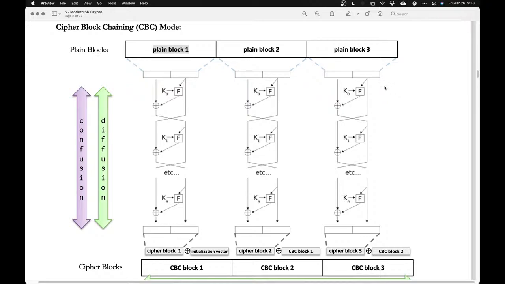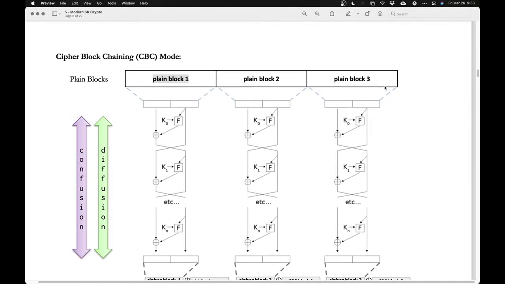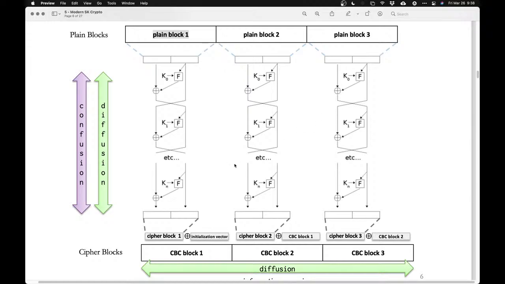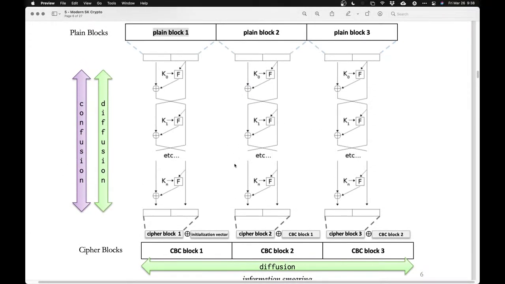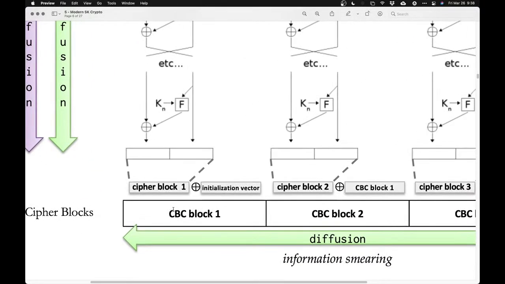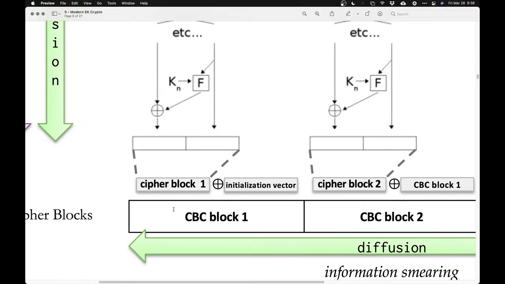All right? Now here's the trick. Rather than simply taking the encrypted blocks as if they are the final blocks, we perform one more action on them. When we have encrypted and produced cipher block 1, what we do is we exclusive OR it with what we call an initialization vector.